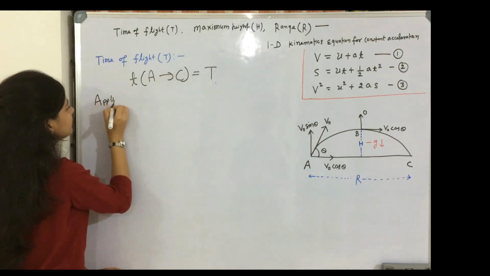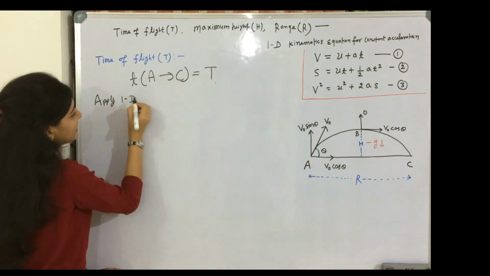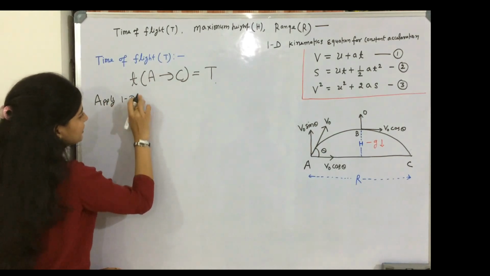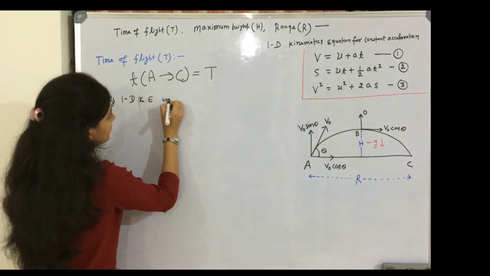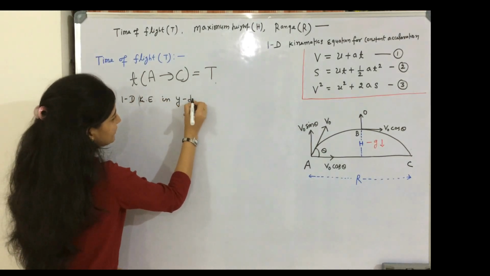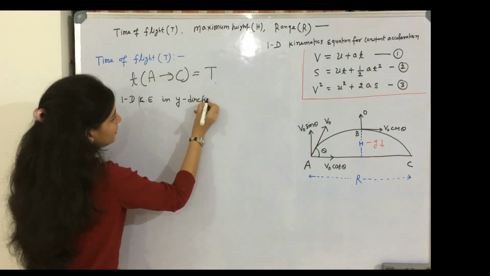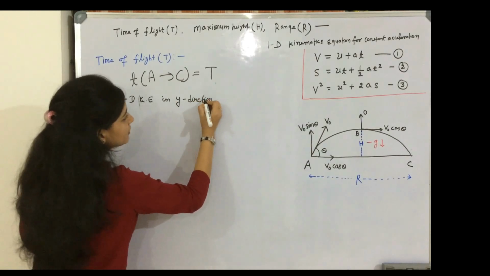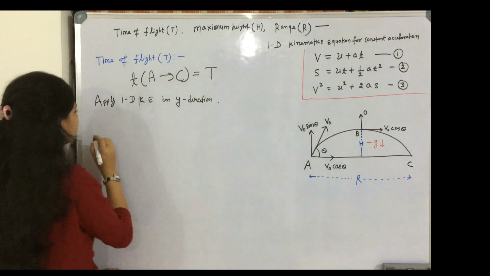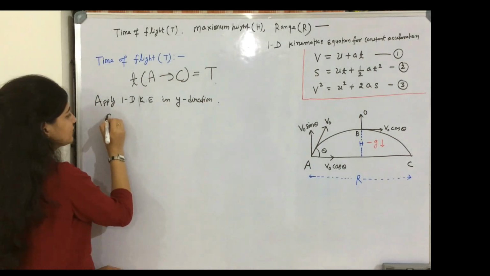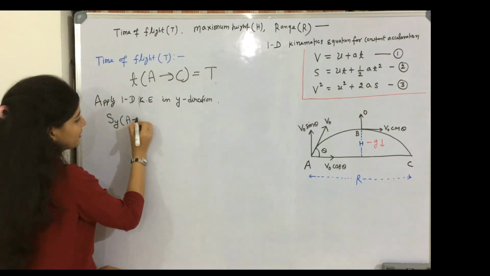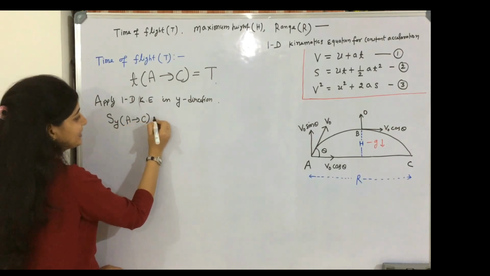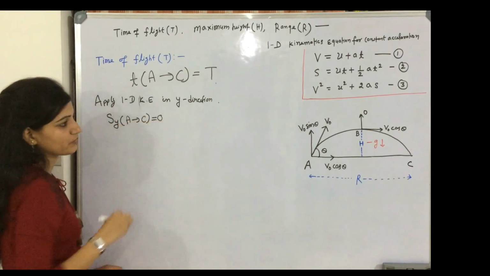Applying the one-dimensional kinematic equation in the y direction, the displacement in the y direction from initial point A to final point C is 0.